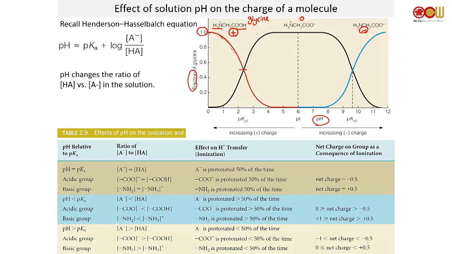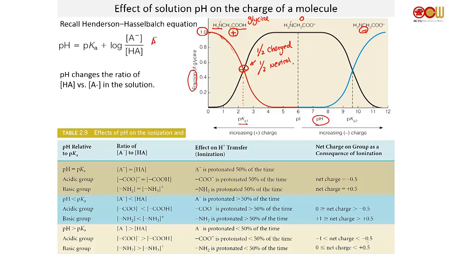And here, at the first pKa, half of them will be charged, half of them will be neutral, okay? So this point is where it's half charged, half neutral. Why is that?